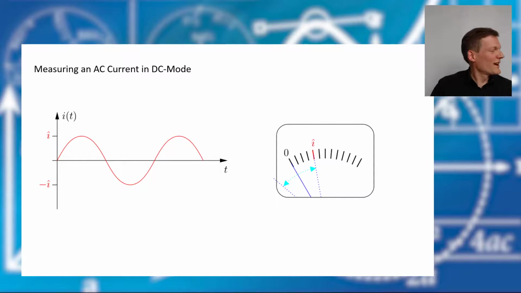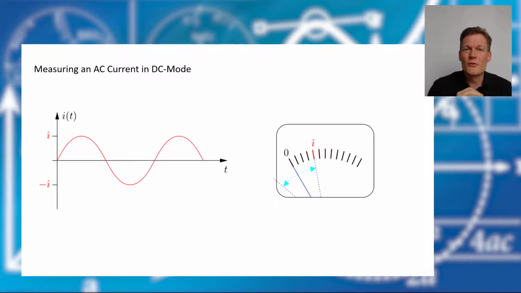So if you have a voltmeter and it is switched to DC measurement mode, then it will show 0 volts if you connect it to your power network at home. So if you want to repair something and you want to see if you switched off the electricity, then you might get a surprise if you measure with an instrument in DC mode.